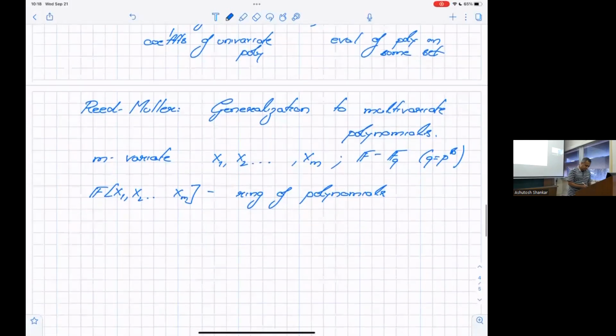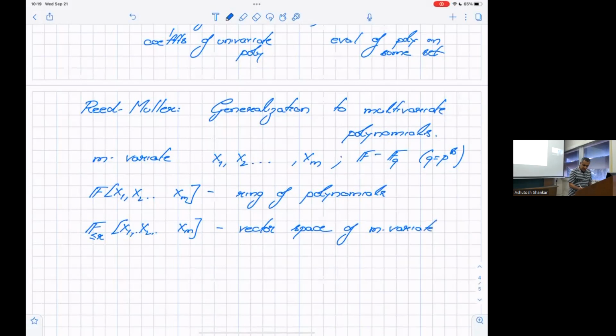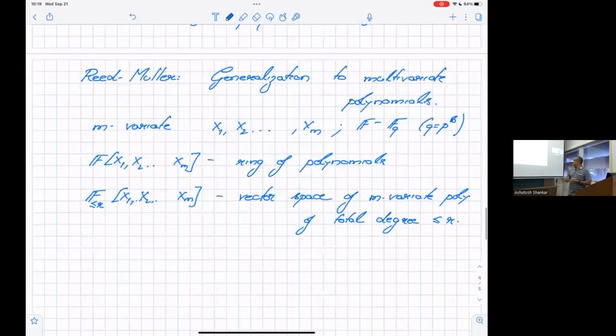So I'm going to look at, here, less than or equal to r, x1, x2, xm, which is the vector space of M-variate polynomials of total degree at most r. What do I mean by this?